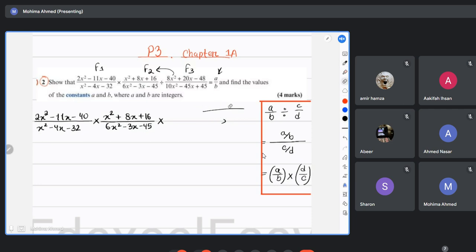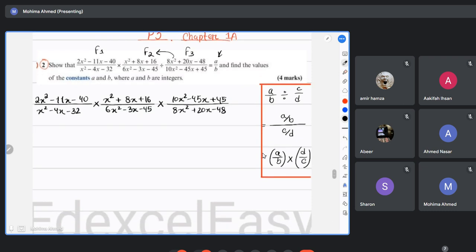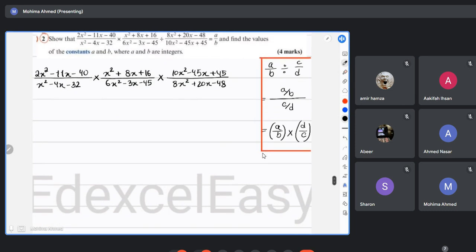So the denominator of the third fraction, 10x squared minus 45x plus 45, will go to the numerator, and the numerator of the third fraction goes to the denominator: 8x squared plus 20x minus 48. Now they're all in multiplication format, which is easier for me. Now I'll start doing middle term splitting for all the 6 polynomials they have provided, doing quadratic factorization for them.